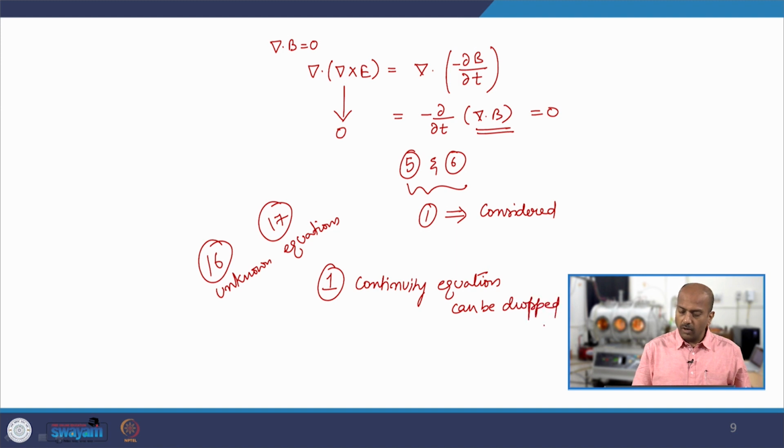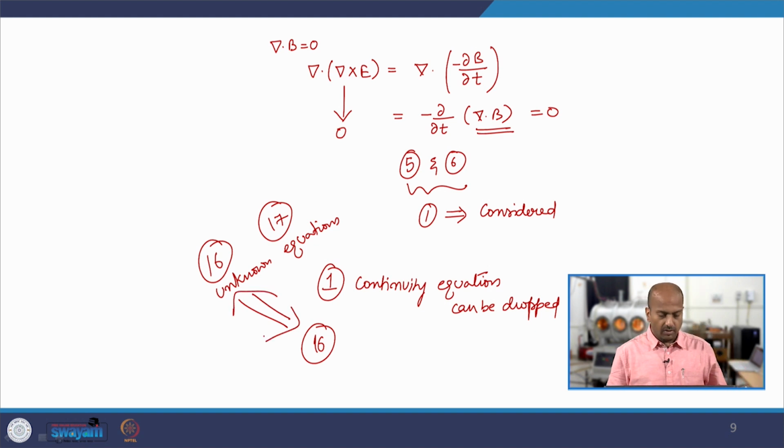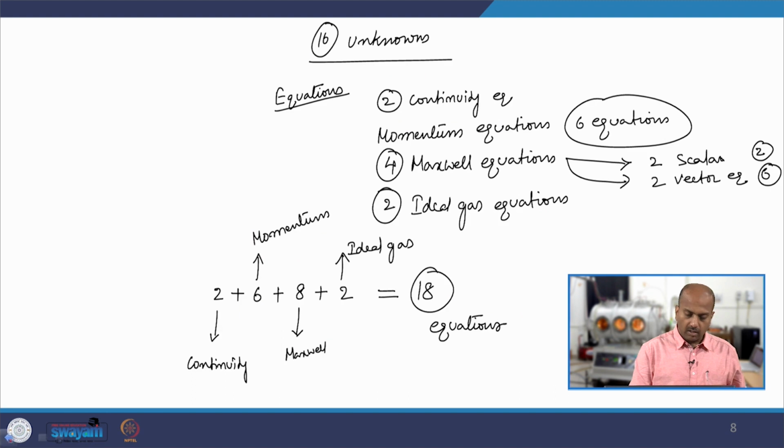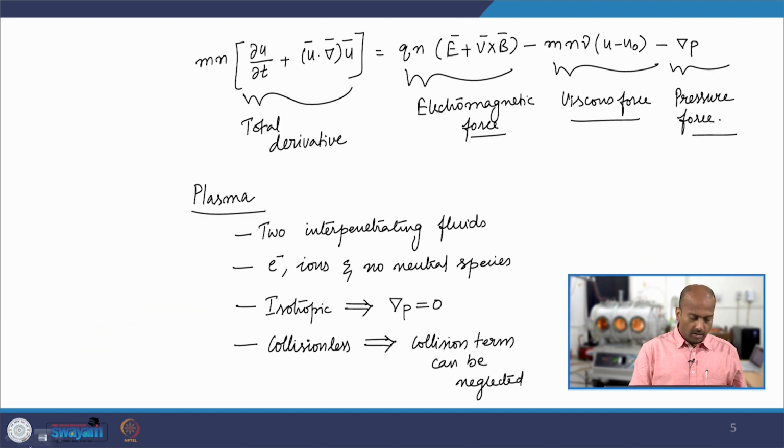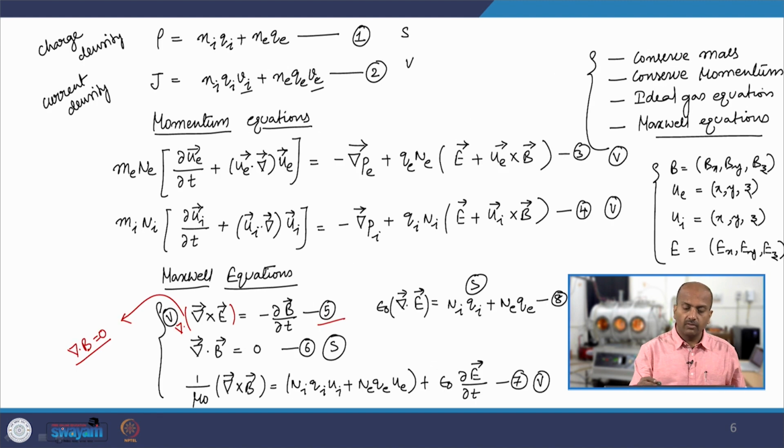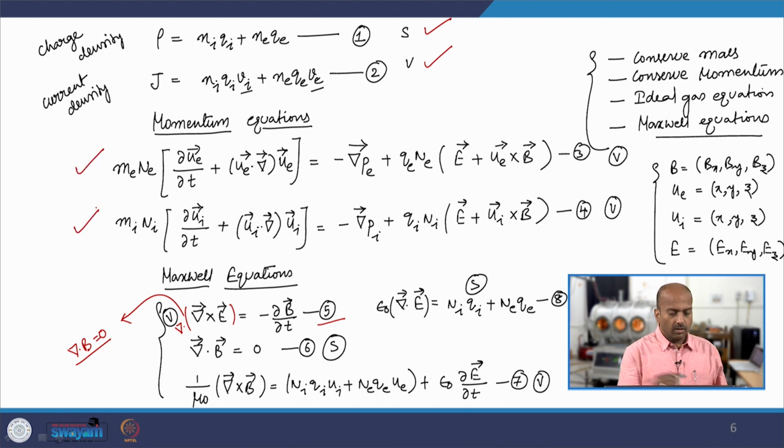So, in total we now have 16 equations which are matching with the 16 unknowns. Let us see what those 16 equations are, so that we can summarize this discussion, right. We will need the charge density and the current density, and the momentum equation for ions and electrons, and out of these we will probably take this equation and this equation.